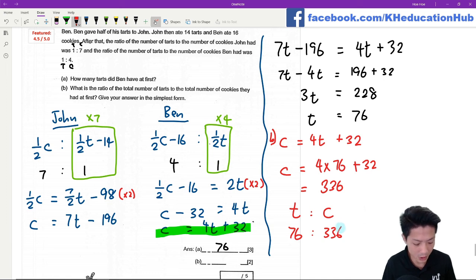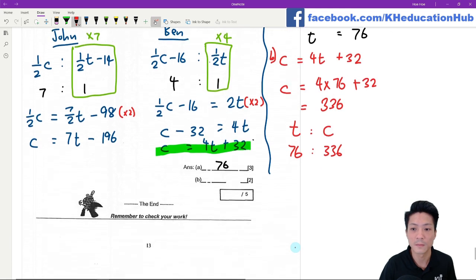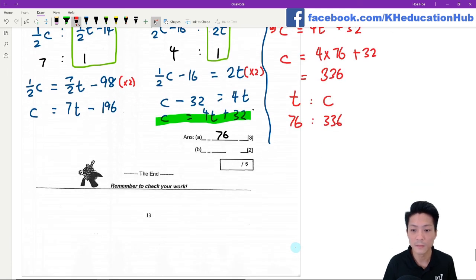And if you change this into the simplest form, it's going to give me 19 is to 84. This will be the answer for part B.